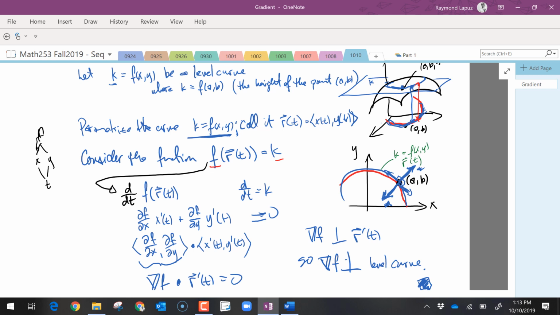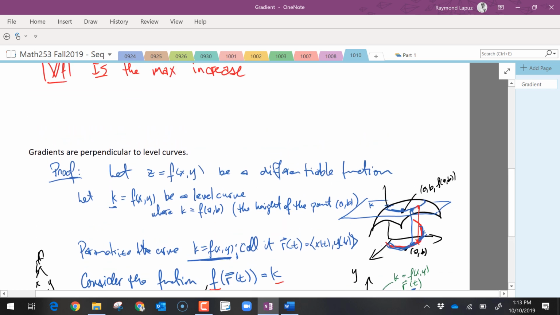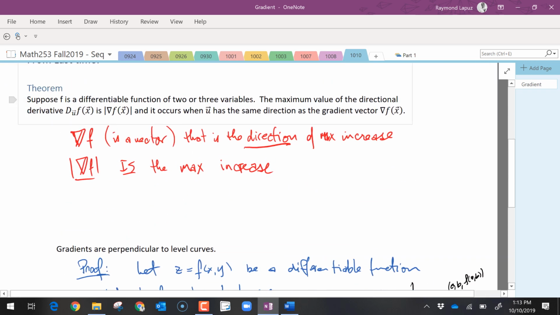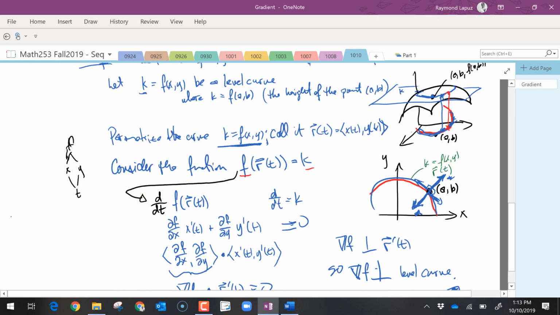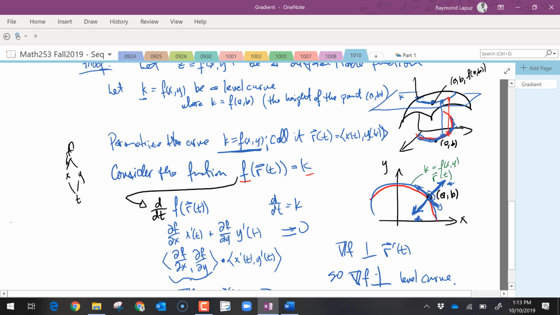What was the previous theorem before this? No, we haven't done acceleration. What's this say right here? Gradient's the direction of maximum increase, right? Now look at my surface and look at how I drew the level surface.